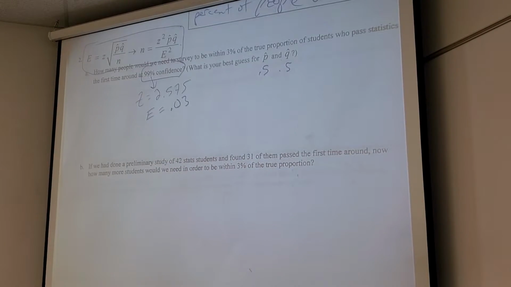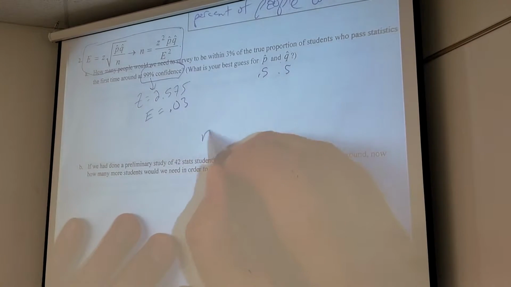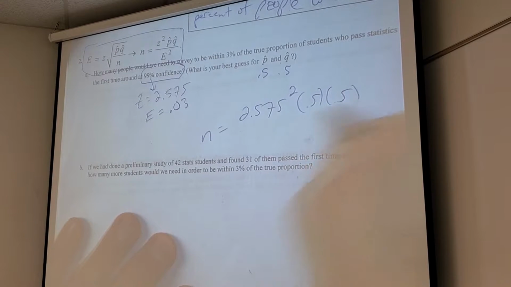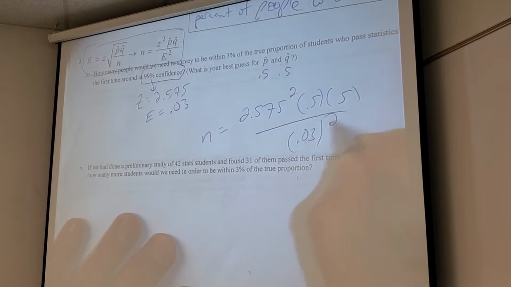So now we got everything we need for the formula. N is 2.575 squared times 0.5 times 0.5 divided by E squared.